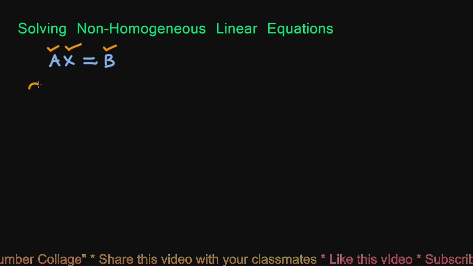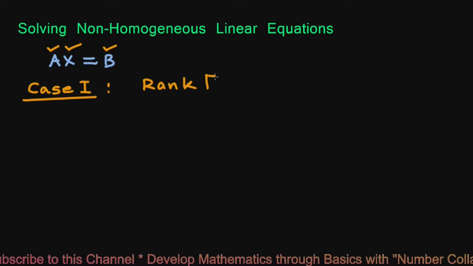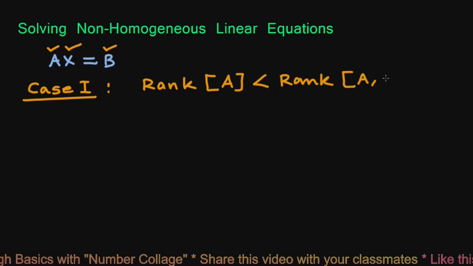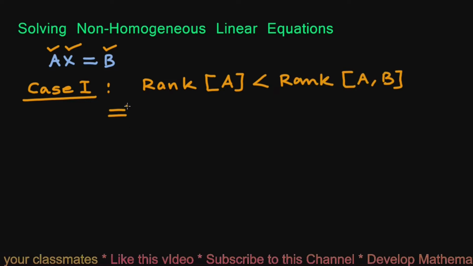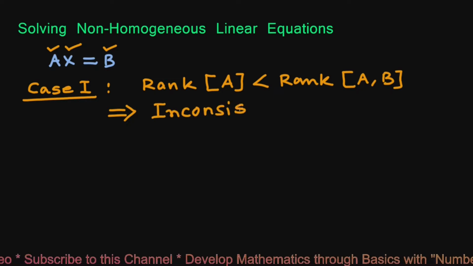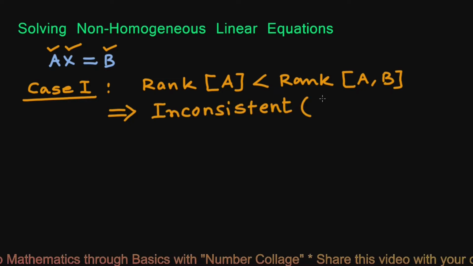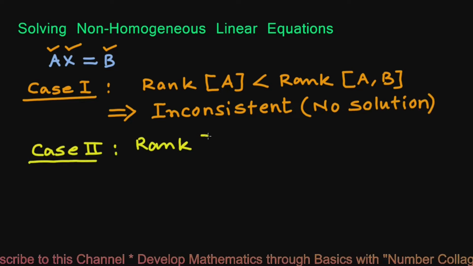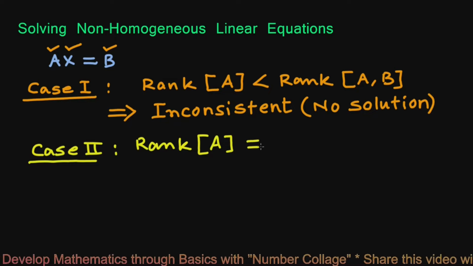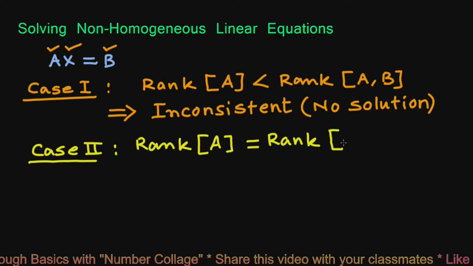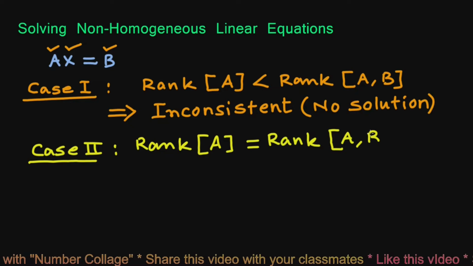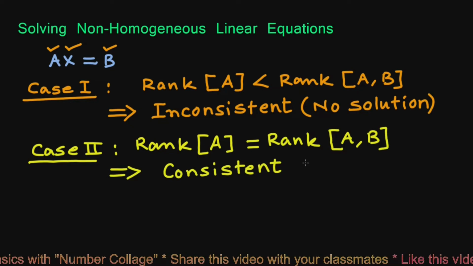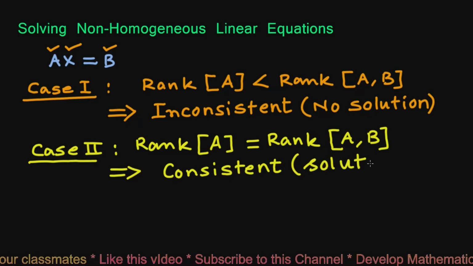In case 1, if the rank of coefficient matrix A is less than the rank of the augmented matrix (A, B), then the equations are inconsistent. That means they have no common solution. In case 2, if the rank of matrix A is equal to the rank of the augmented matrix (A, B), it implies that the equations are consistent. That means they possess a solution.